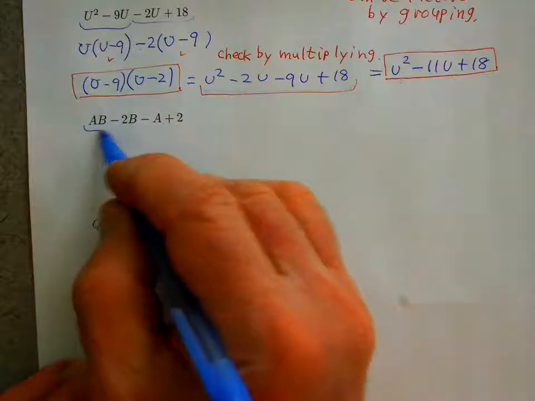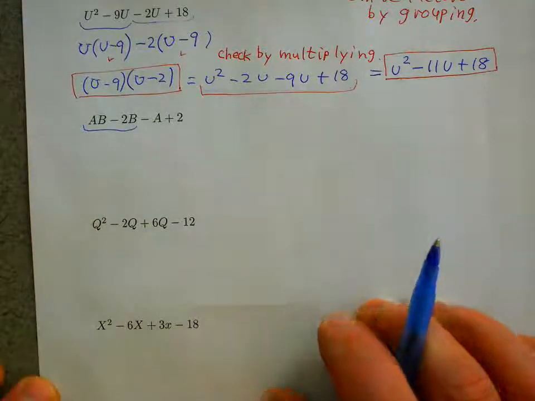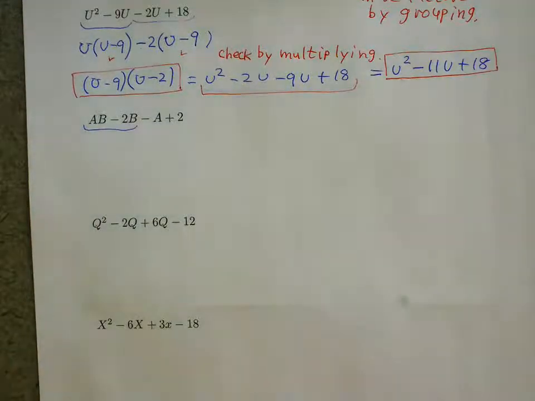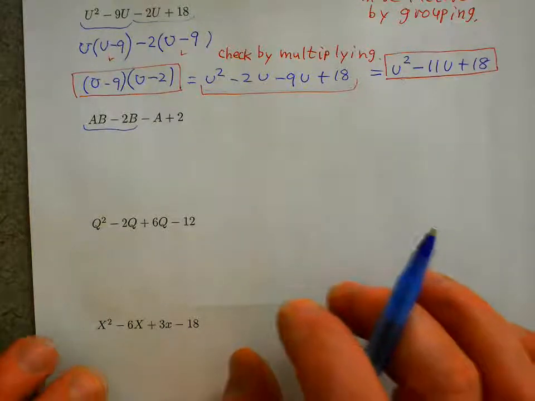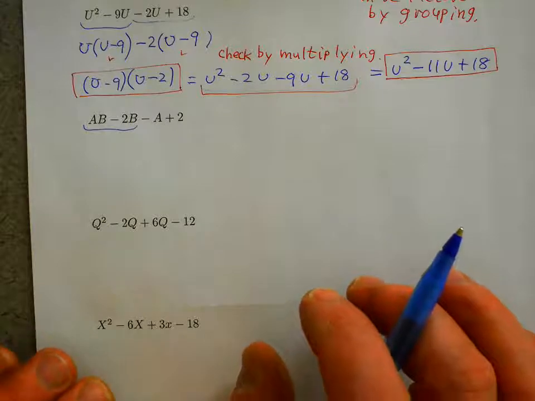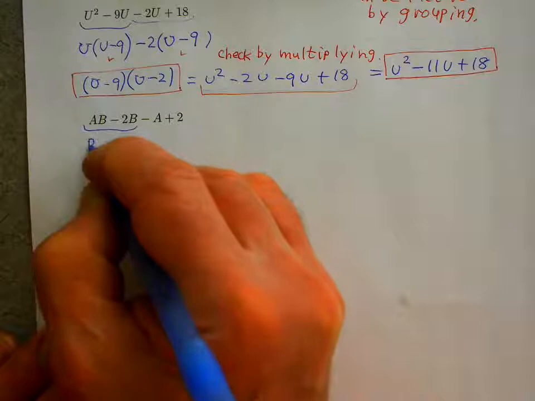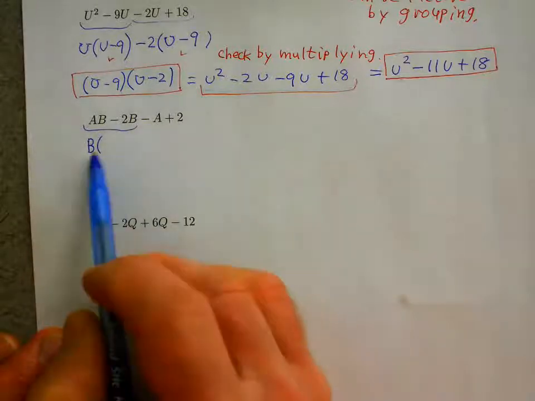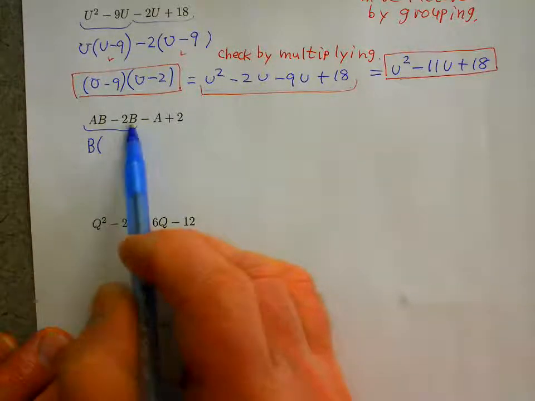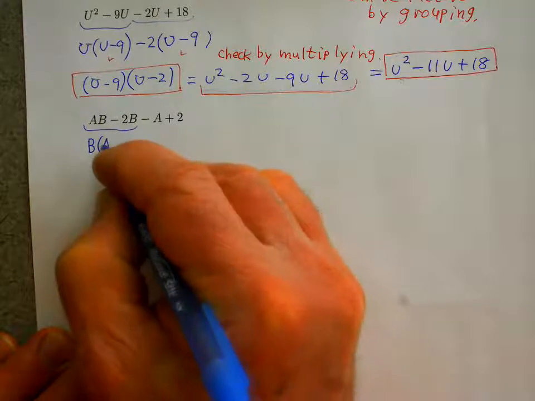What's the greatest common factor of a times b and 2b? The greatest common factor is b. And when we factor b out of the first two terms, we're left with the binomial a minus 2.